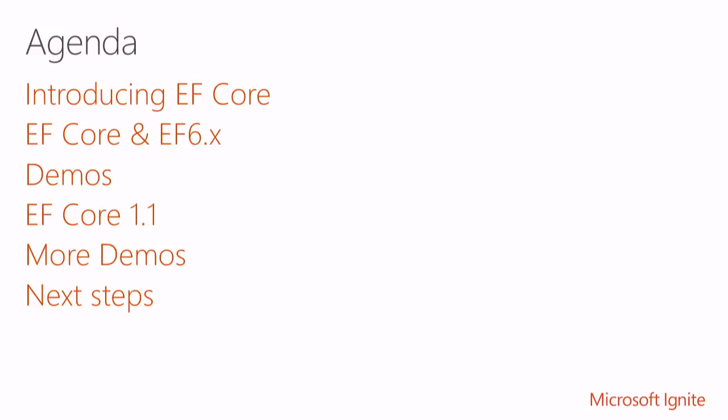All right, so let's set up the agenda quickly. I would be talking a bit around the introduction of Entity Framework Core. I would be doing a bit of what's Core and what's EF 6.x. I'm going to do a bunch of demos, of course, and this is more around the demo. So we'll talk about different aspects of the demo. Then probably a couple of slides around EF Core 1.1, how it works and what the new features in it are.